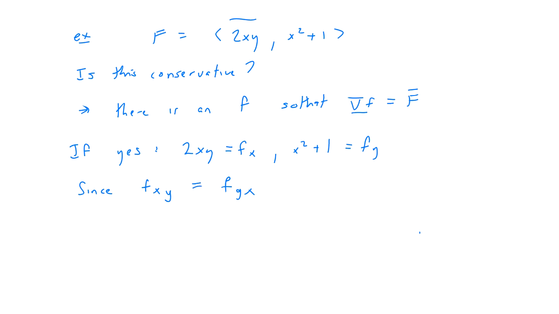So if I call this P and this Q, if this is the gradient of a function, then the derivative of P with respect to y should be equal to the derivative of Q with respect to x. So in other words, I don't have to take the antiderivatives to check. I can just take derivatives. So let's check. What's the derivative of P with respect to y?